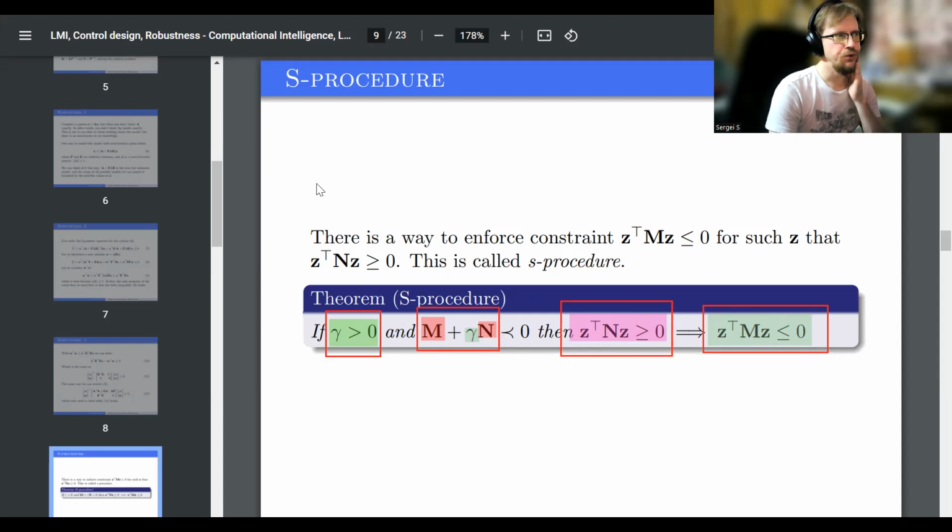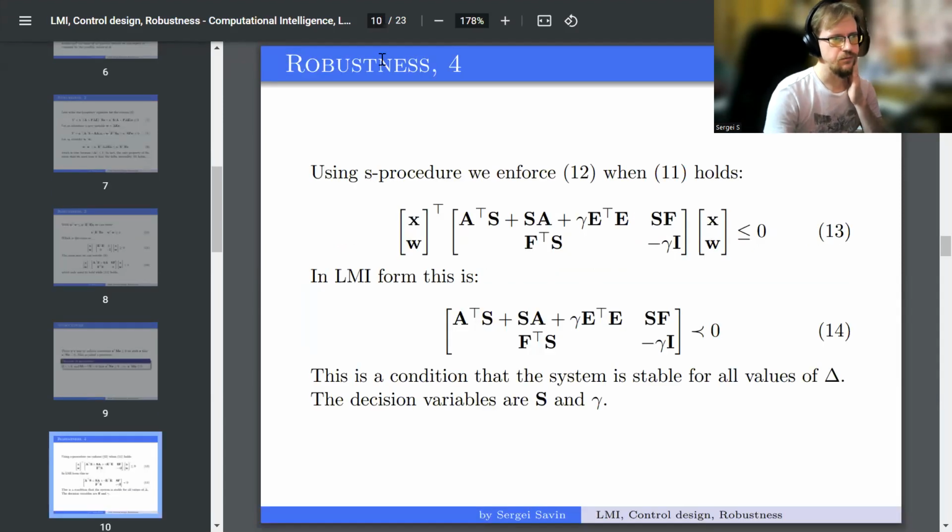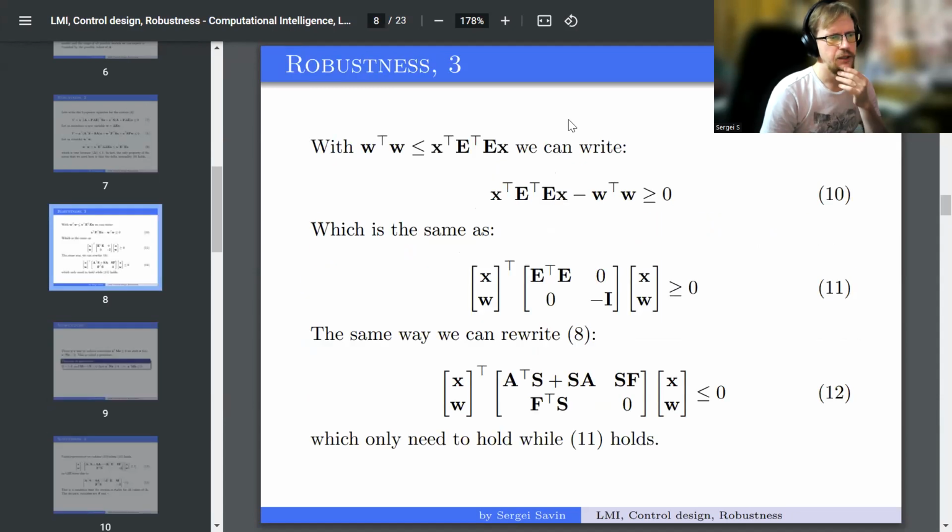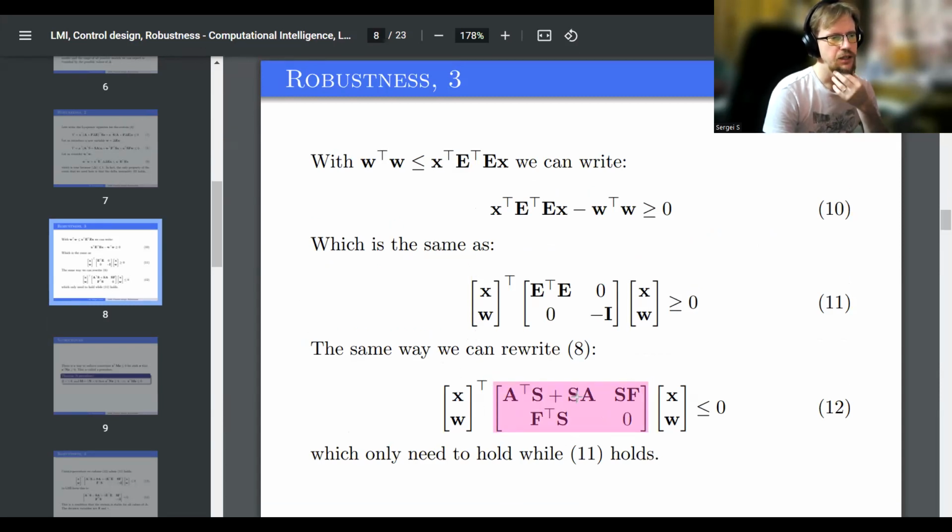So let me just show you how it's used. We'll go back. The way it is used is like this. We take this matrix. We have to add to it this matrix times gamma.